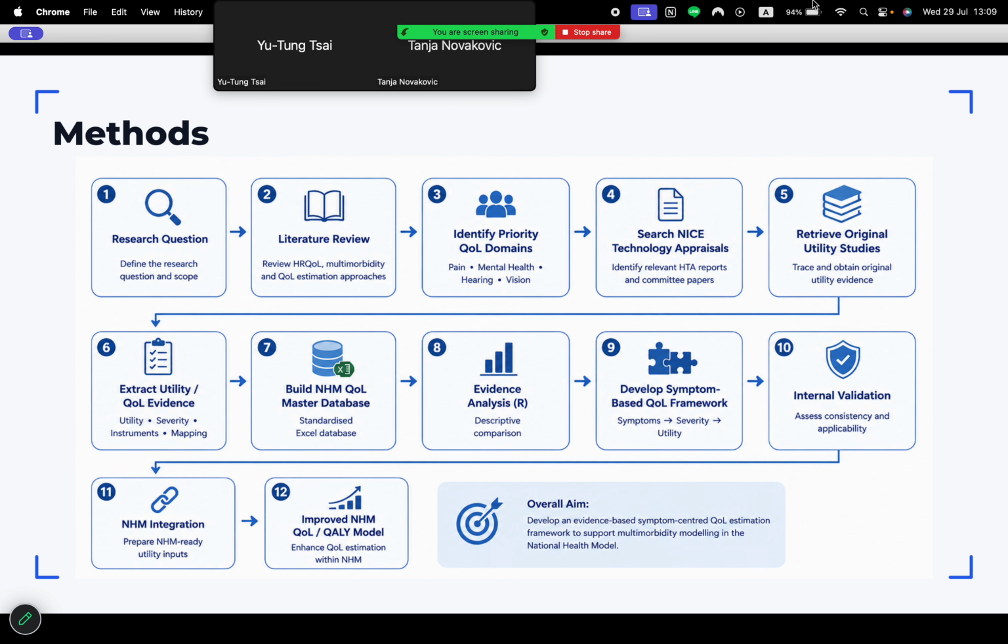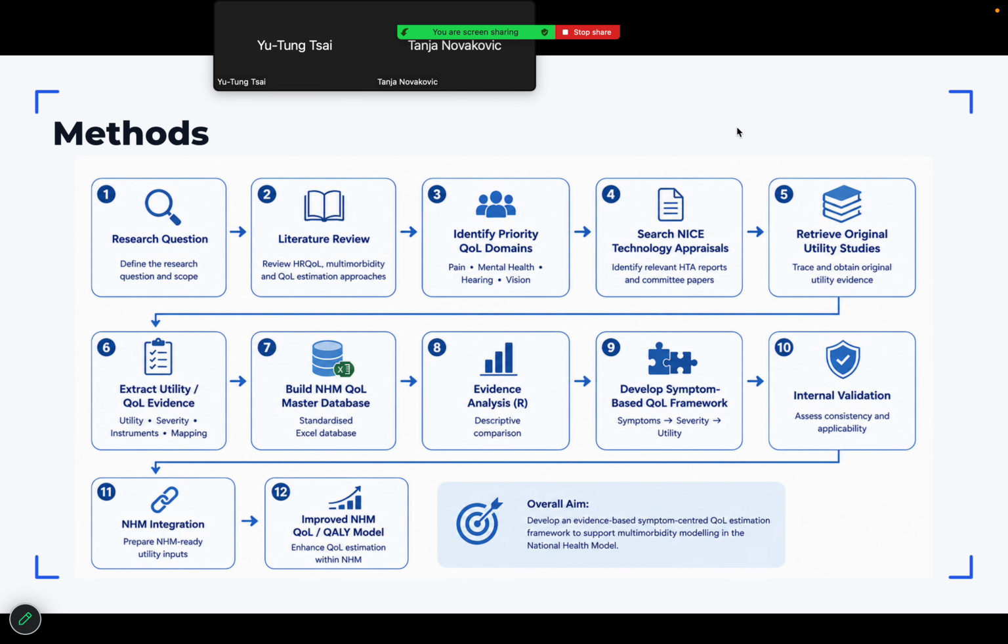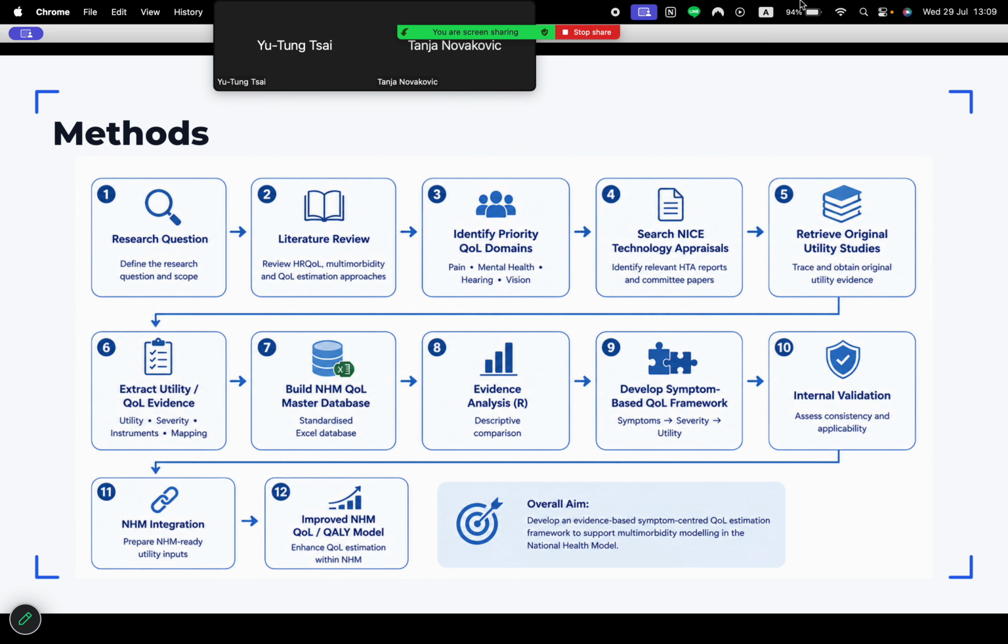Utility, quality of life evidence, retrieving original utility studies, and where you've done them from, like the NICE technology appraisals. So effectively what we want to do is say, okay, you've had a heart attack, what are the symptoms associated with that heart attack?